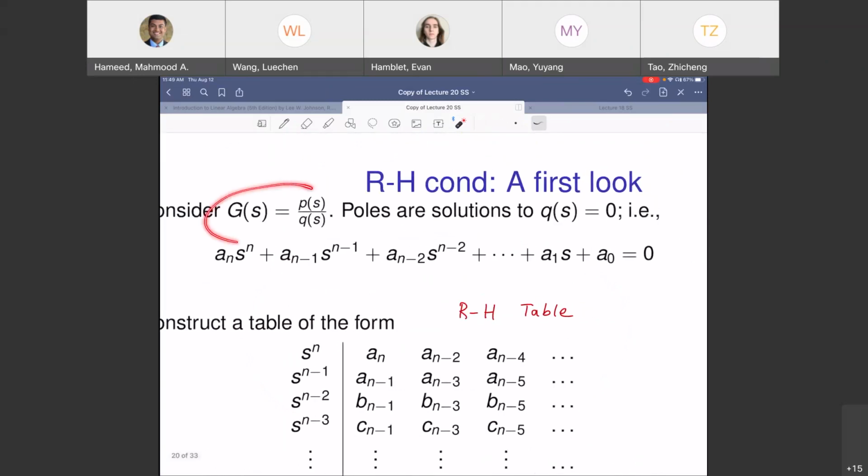Let's start with some transfer function, a loop transfer function, right? You're starting with some loop transfer function here. It has some polynomial in the numerator that will give me the zeros, and the polynomial in the denominator will give me the poles. So Q of S, the roots of Q of S are the poles.